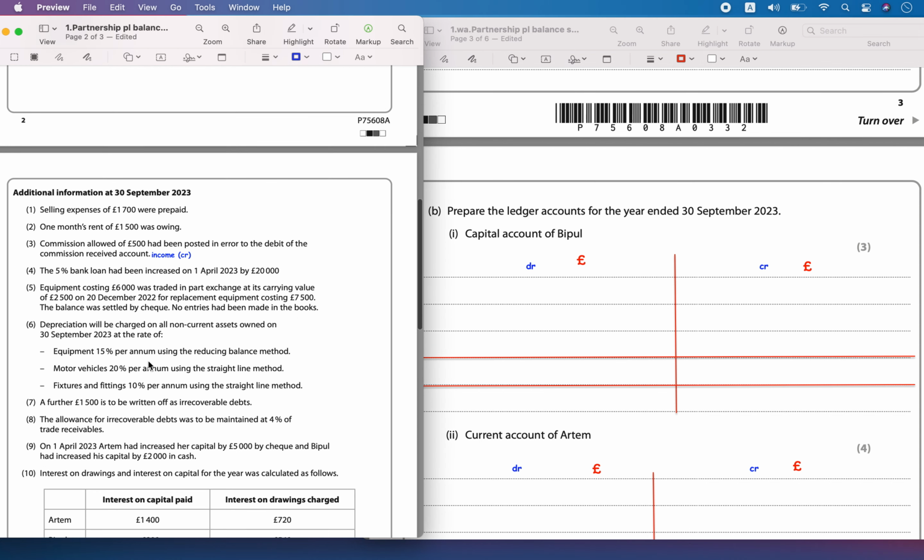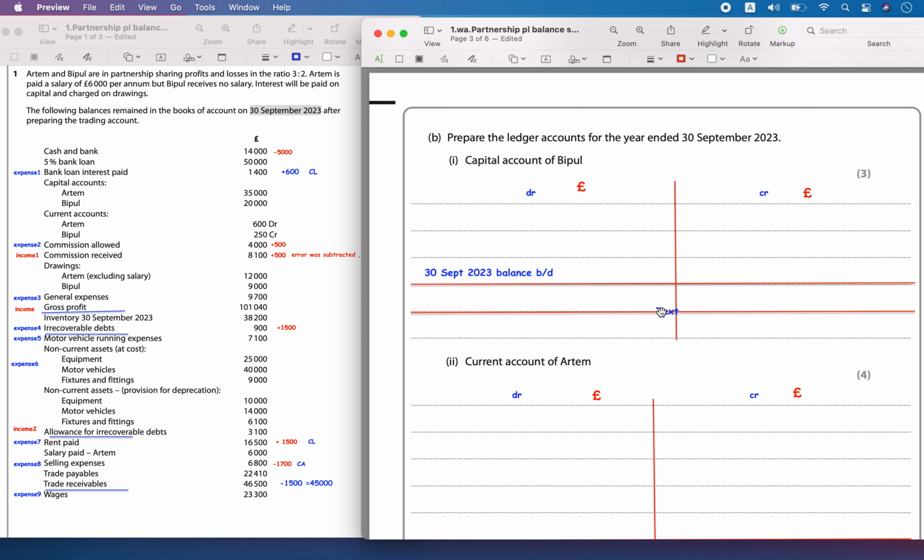But we know that one thing that happened was on 1st April 2023, Bipul had increased his capital by 2,000. So for Bipul, on 1st October 2023, the balance would have been like this.